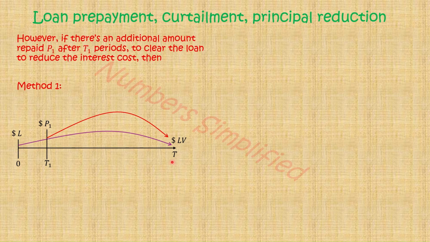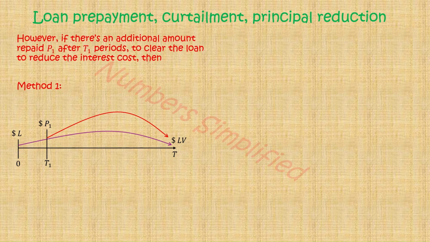So meaning that it would actually reduce the value of the loan at the time it is due. So now that is what we have over here. So in this timeline, we see that P1 would also accumulate some interest, in as much as it was just worth P1 at the time it was paid, but it is going to accumulate interest up until the time the loan is due.